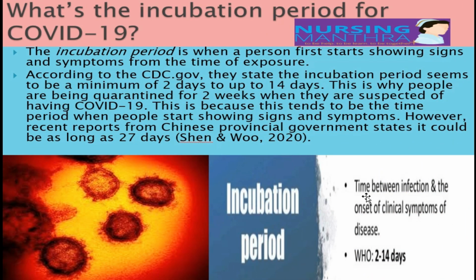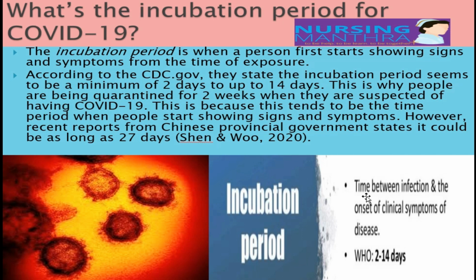Next, our topic is: what is the incubation period of COVID-19? The incubation period is the time from exposure until a person first starts showing signs and symptoms. According to the CDC, the incubation period seems to be a minimum of 2 days to up to 14 days. This is why people are being quarantined for 2 weeks when they are suspected of having COVID-19, because this tends to be the time period when people start showing signs and symptoms.